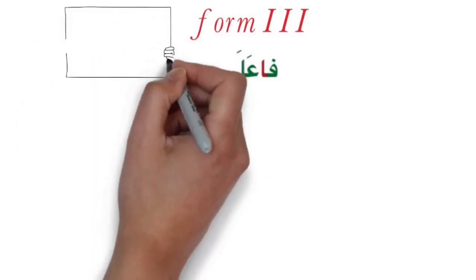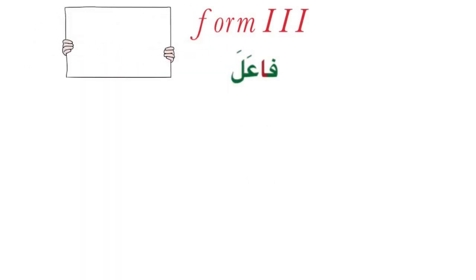So going forward, so we're doing form 3. So form 3 is, as we said, fa'ala. So here the alif is added after the fa kalima, and this is bab mufa'alatun.